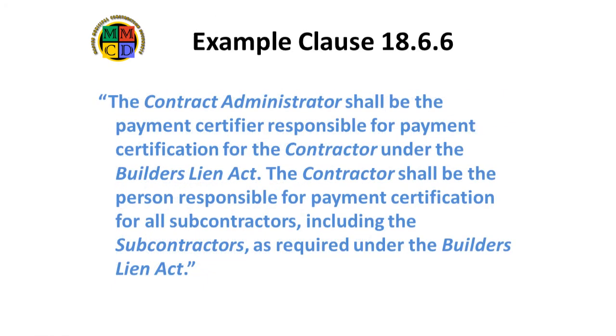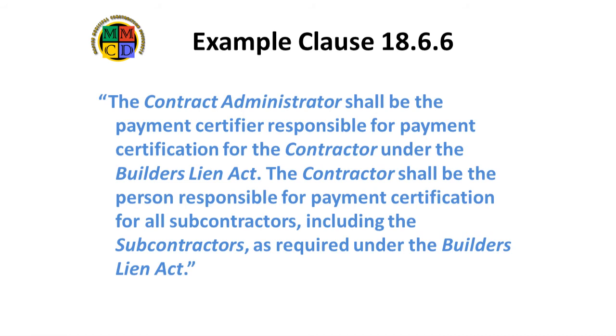Let me give you an example. Say the owner wishes to make the contract administrator responsible for the issuance of substantial performance certificates for subcontractors. To be sure that bidders and their subcontractors know this, the author writes in instructions to tenderers saying, bidders are advised that on this project, the payment certifier for builder's lien purposes for all subcontracts shall be the contract administrator.